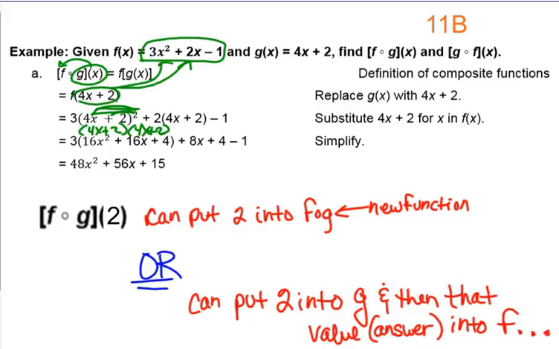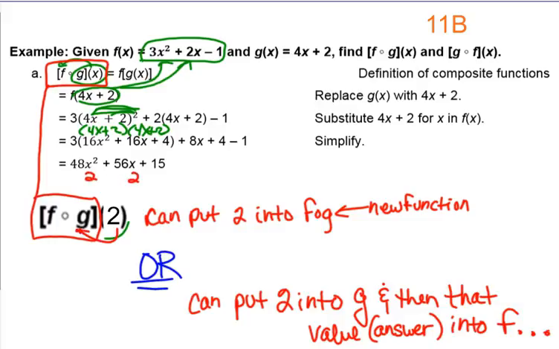I put this on this slide because there was a little room here. We're going to talk about this in a minute. When you have to put 2 into g, you can then put that into f to solve that, okay? So you can put the 2 into g and then that value into f. Or, like we just did up here, you could find this whole f of g and then just put 2 into that.